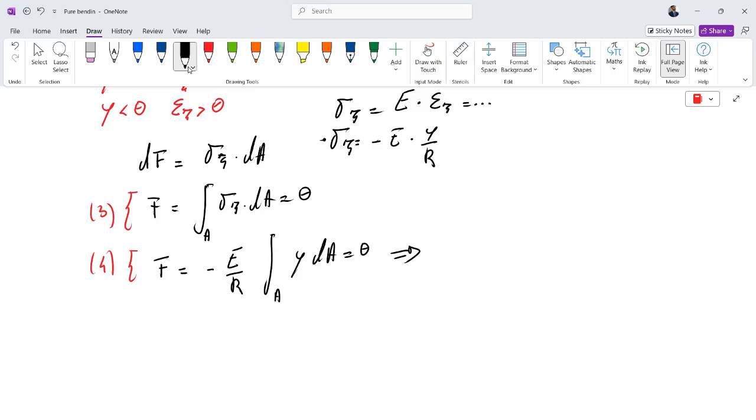So this tells us that the integral on surface A of y dA is equal to 0.